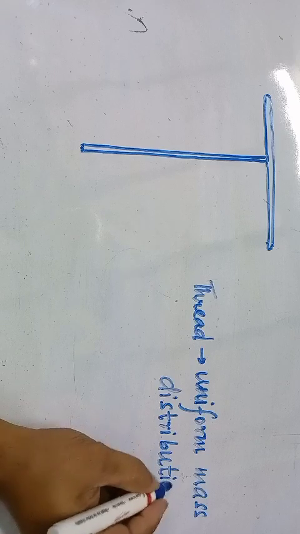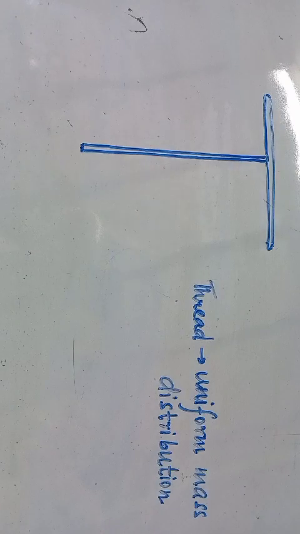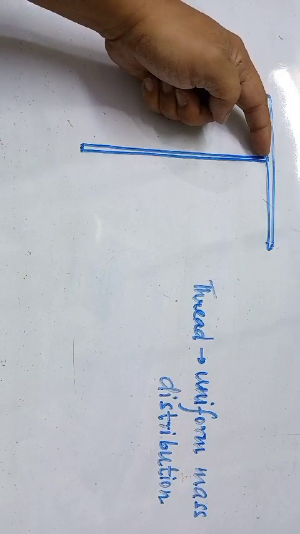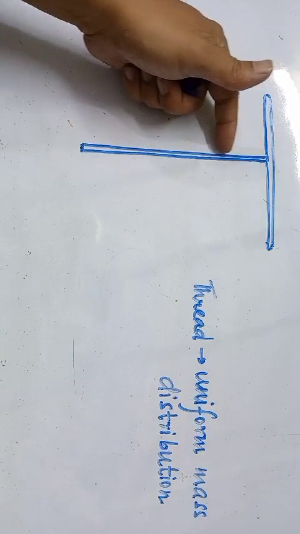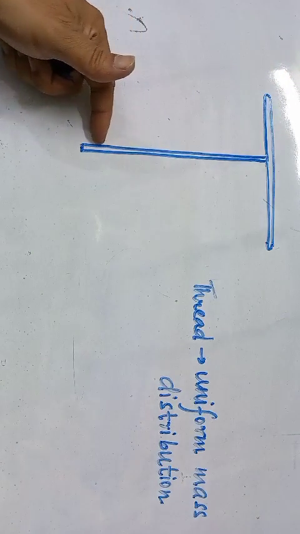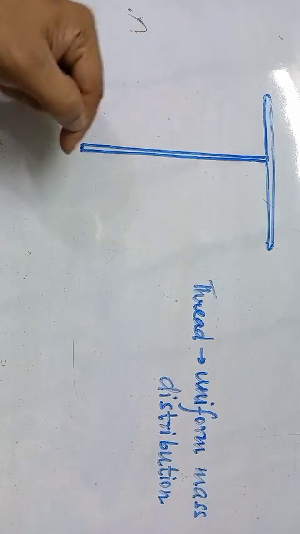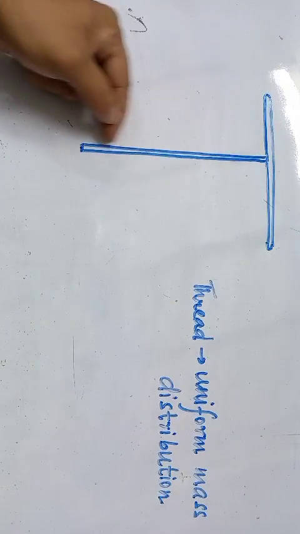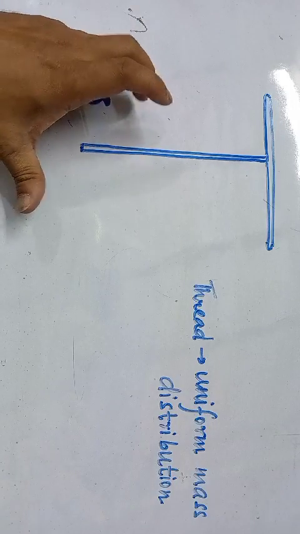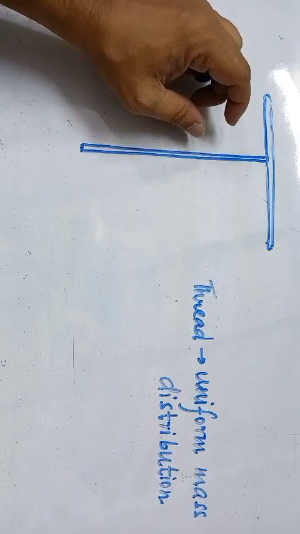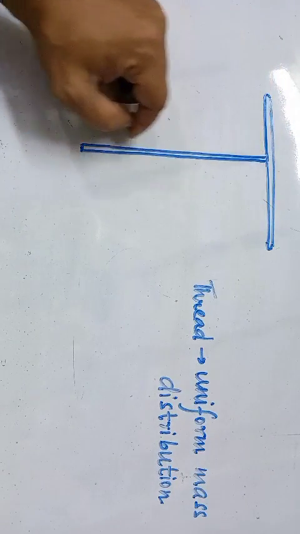Uniform mass distribution. What does this mean? This means that from here up to this point, the entire thread has equal distribution of mass throughout its body. It's not that over here it is thicker or has more mass and at this position it has less mass. No, the mass is uniformly distributed.